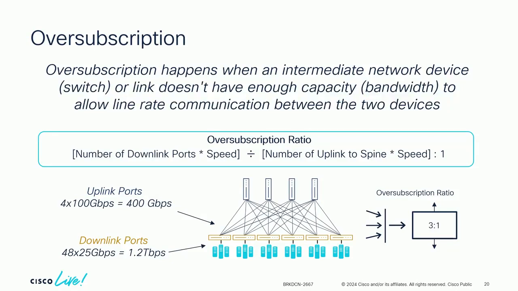And you again see this is just a simple math problem. If I have 48 25 gig ports at the Leaf complex, that gives us 1.2 terabits. If I'm building my upstream fabric around 400 gig, you can very easily see it's a 3-to-1 subscription ratio.